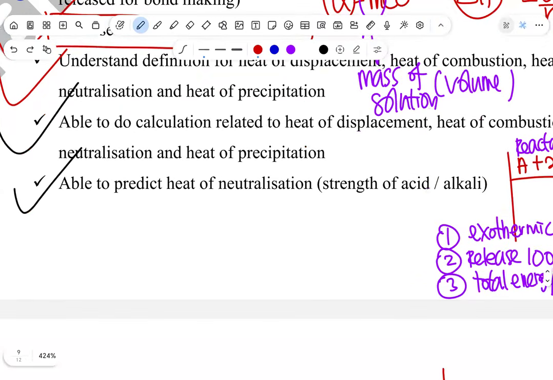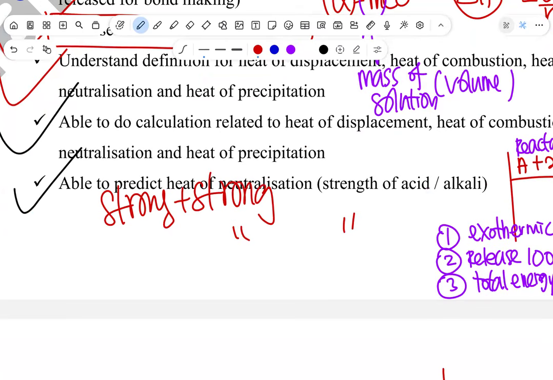One minute revision. If I have a strong acid and a strong alkali, what is the magic number for the heat of neutralization? Anyone remember? Strong acid, strong alkali, what is the heat of neutralization? Many of you get the answer correctly, but the sign is wrong.